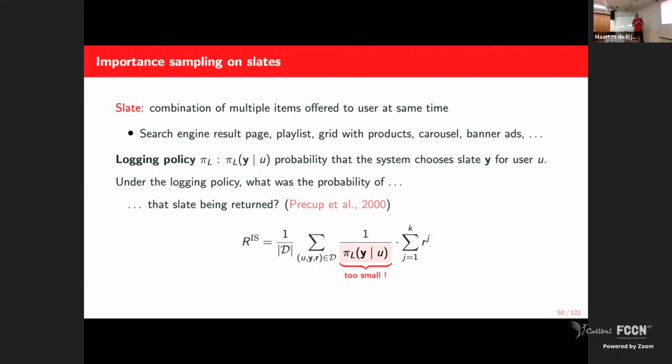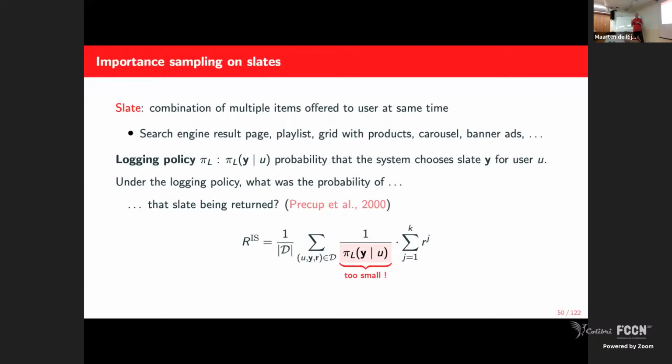It's very unlikely that you see an exact combination of items on the page. So that probability is going to be very small because you can have a lot of items, associated with billions. And so if you consider all the possible combinations, the probability of seeing one event is very small.